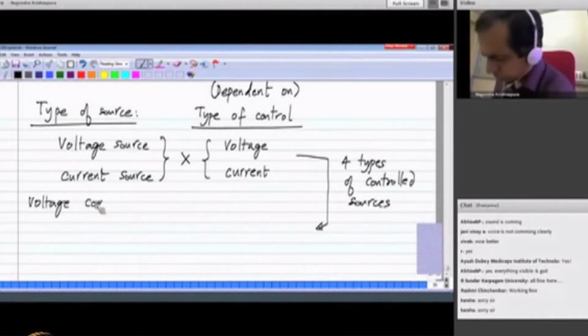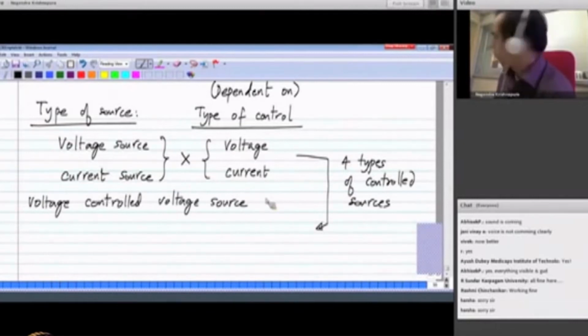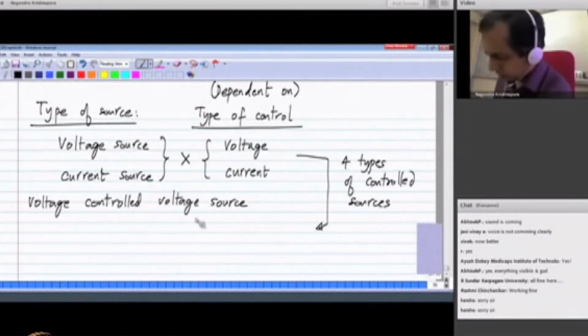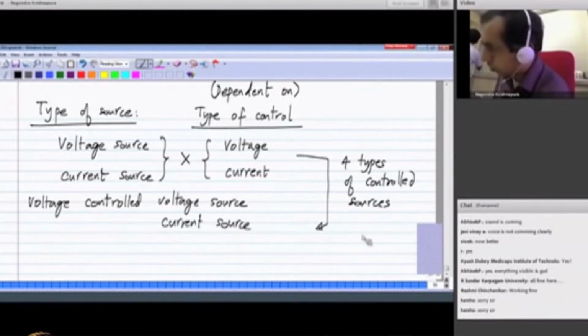There is a voltage controlled voltage source, and a voltage controlled current source.